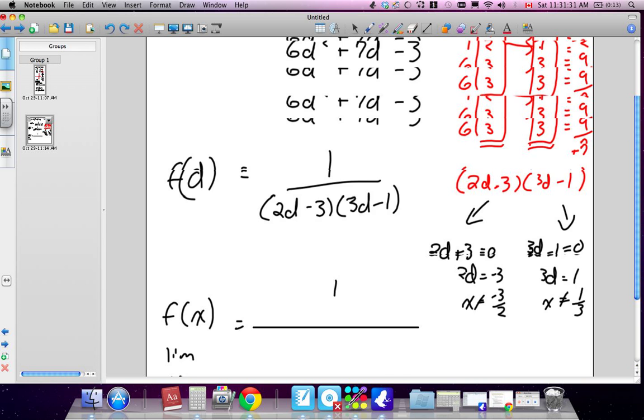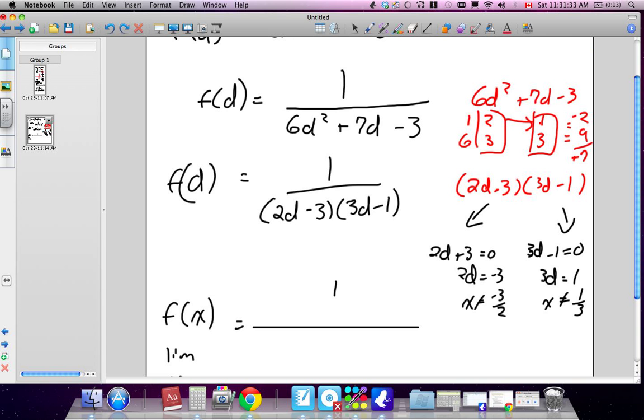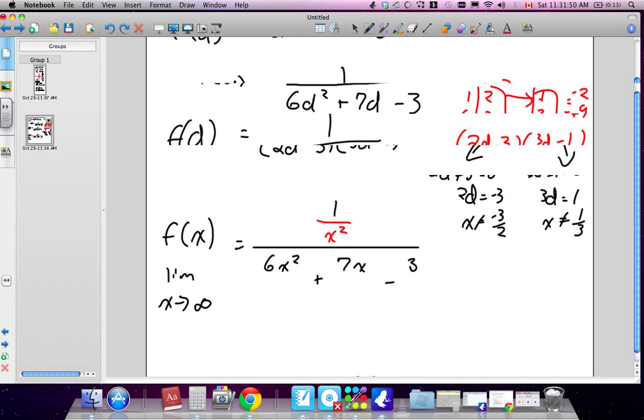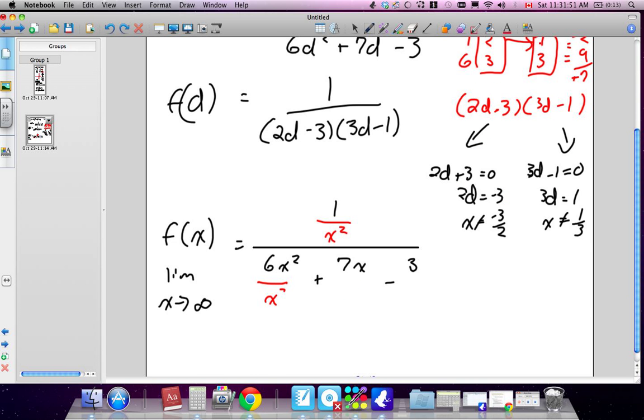We're going to go back to the standard form of the equation, so that's going to be x squared. So we have 6x squared plus 7x minus 3. And we're going to divide everything by x squared. That's our highest degree of a variable. X squared, x squared, x squared.